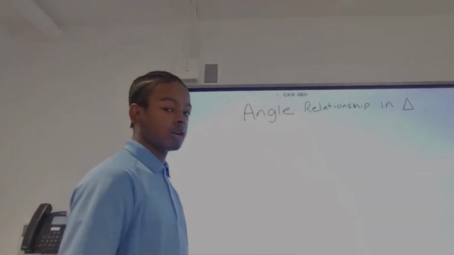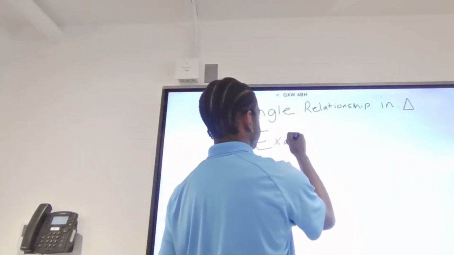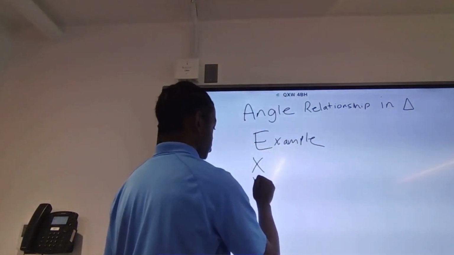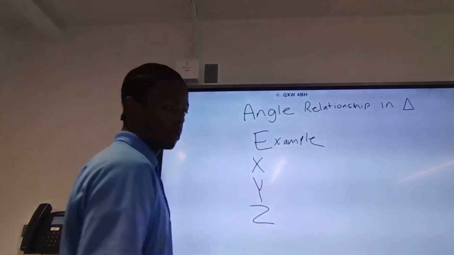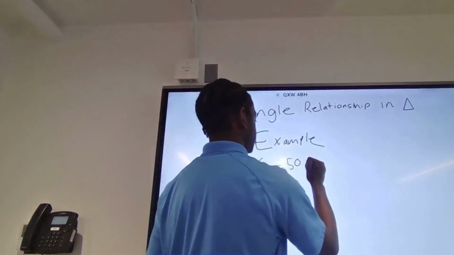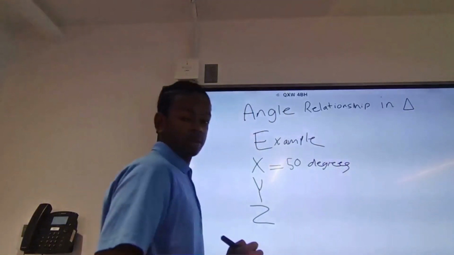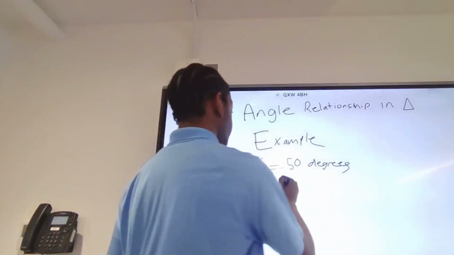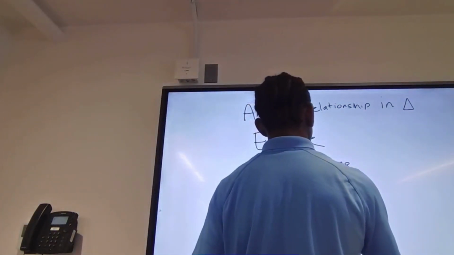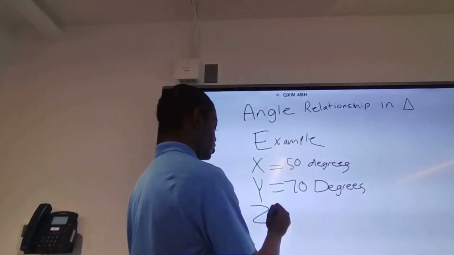For example, let's consider a triangle with angles x, y, z. Now x can be 50 degrees, and y can be 70, and z can be 60.